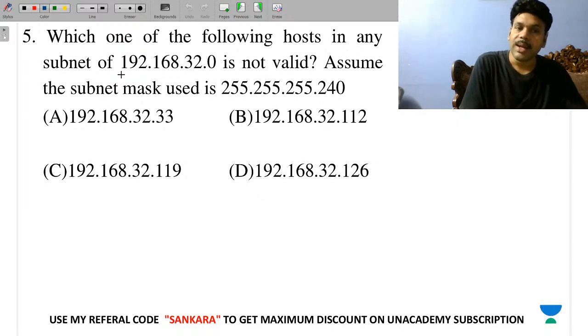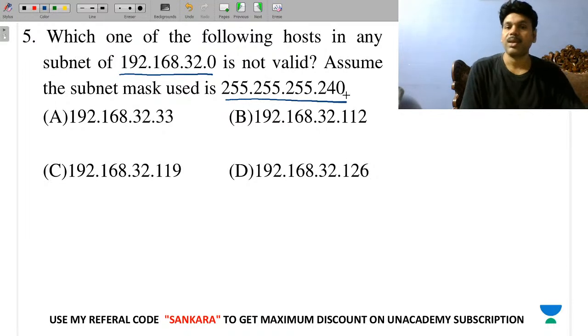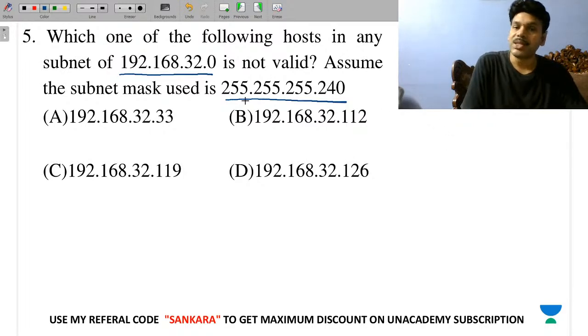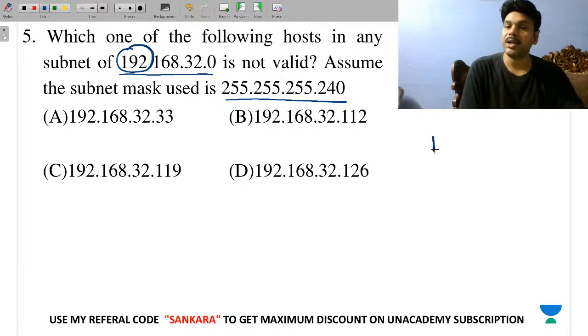So take this IP, use this mask and find the subnet IDs. Then you are going to get the value. The classful mask is given, so I need to identify the class. When you are talking 192.168.32.0, they are class C, and this is your HID.